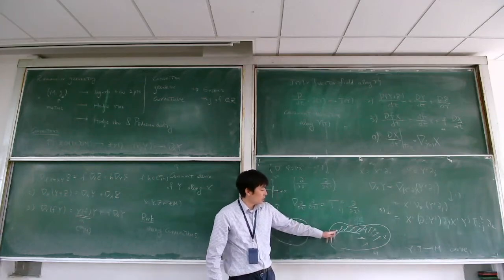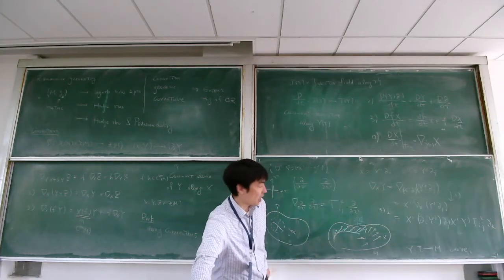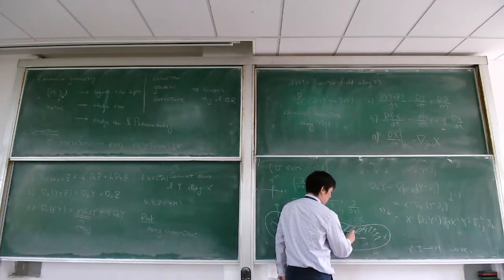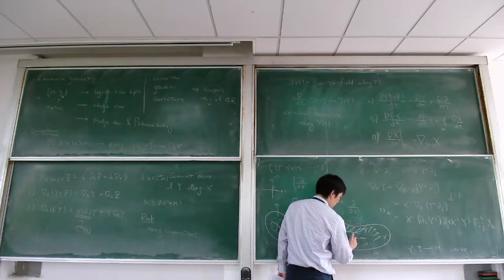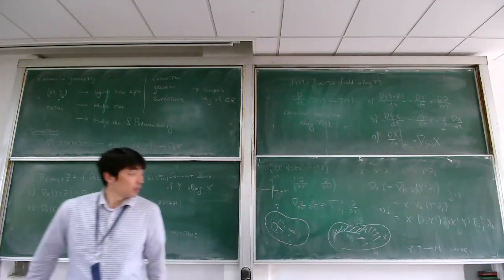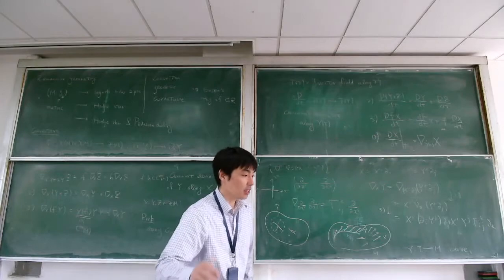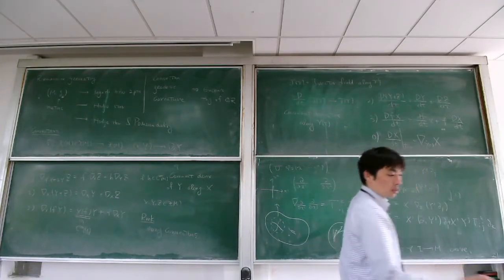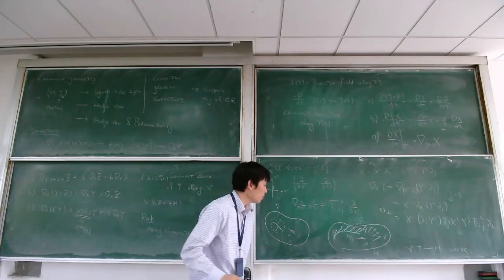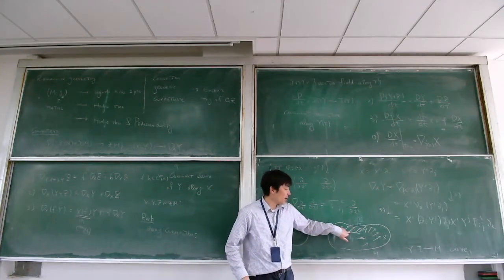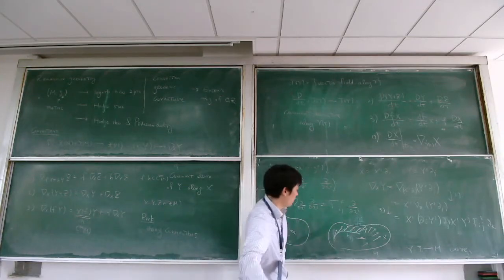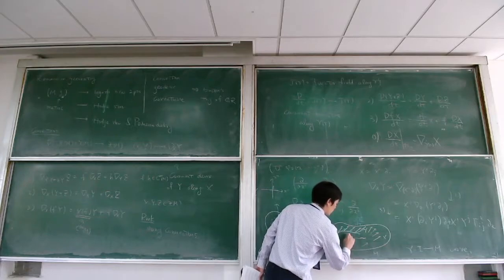At the point gamma of 0, let's use orange, since blue is not that visible.